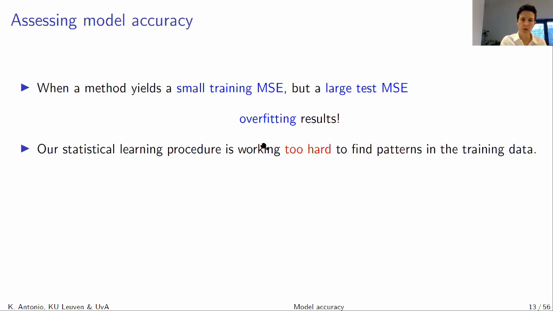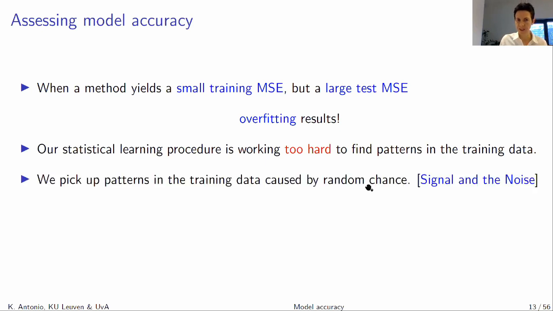When a model is overfitting, it means that our learning procedure is working too hard to find patterns in the training data. So it's capable of making this loss function evaluated in the training data set very small, but when you apply it to new data, a large value of the loss function will result. So we see that we're picking up the noise in our data and not necessarily the signal, right?